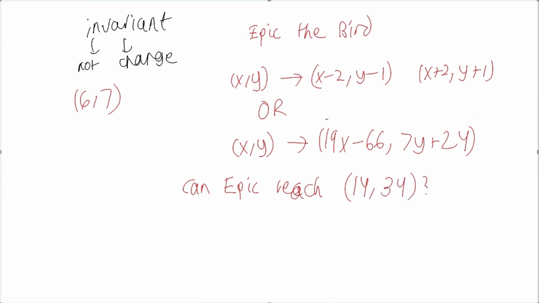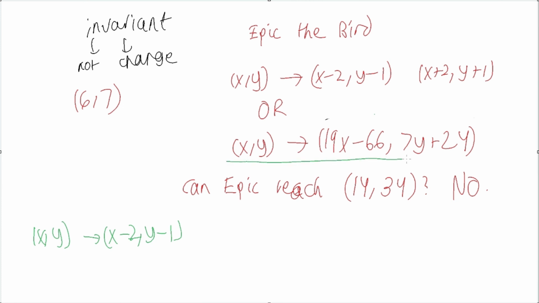As it turns out, here's an application of invariance with modulo n. The answer is no. And to see why, let's take the coordinates mod 3. Then that means that (x, y) goes to (x minus 2, y minus 1). That doesn't really change modulo 3.